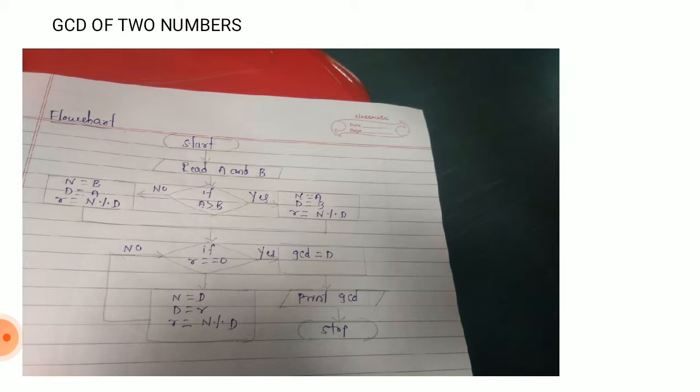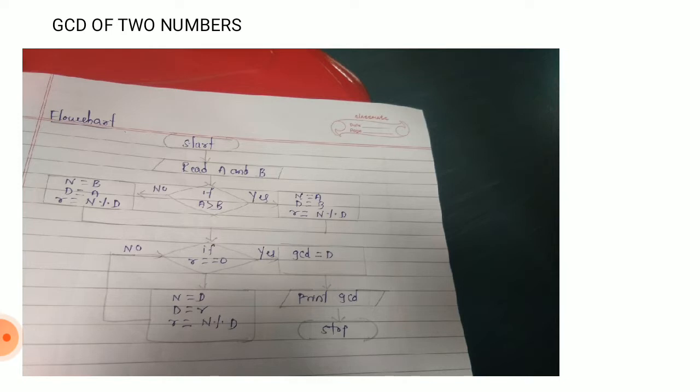If r is equal to 0, again there are two options, either yes or no. If it is yes, it means the remainder is 0, so here you get the GCD. So GCD is equal to d, and print GCD, stop.